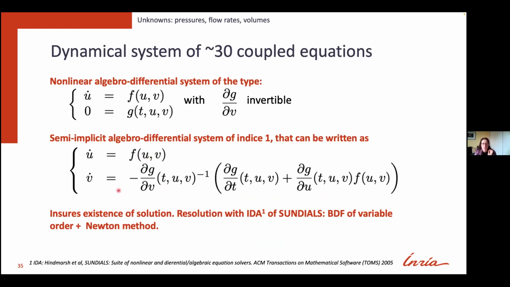Writing it like this ensures existence of the solution. And we are solving this coupled system of equations with IDA, which is provided by SUNDIALS. In time, it's a BDF scheme, but variable in order, from 1 to 5, according to the time step automatically. This is built into IDA. And for the nonlinear part, it's using a Newton method.